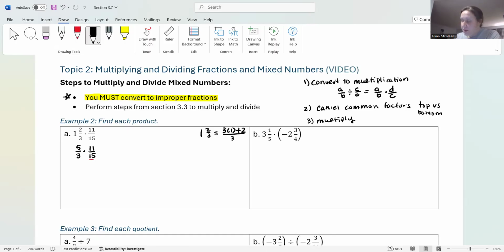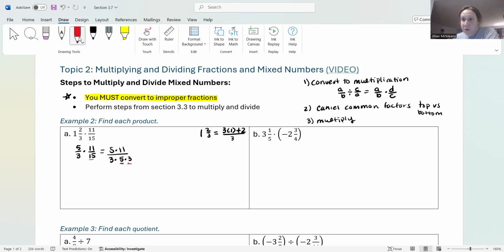So this is equal to 5 times 11 as the numerator, all over 3 times 15, but I'm going to write 15 as 5 times 3. So we have 3 times 5 times 3. And this really just equals the 15. So we just broke 15 into two factors.